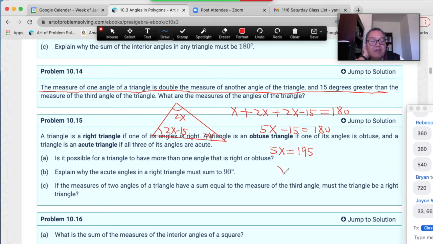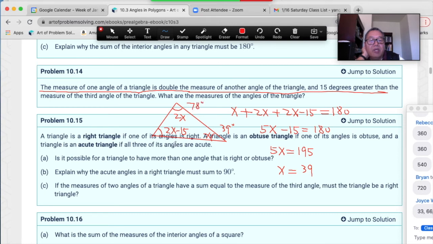Then divide both sides by 5, we get x equals 39, because 195 divided by 5 is 39. That's 39 degrees. That means this one will be 78 degrees.